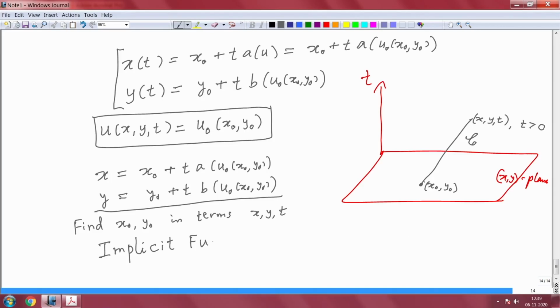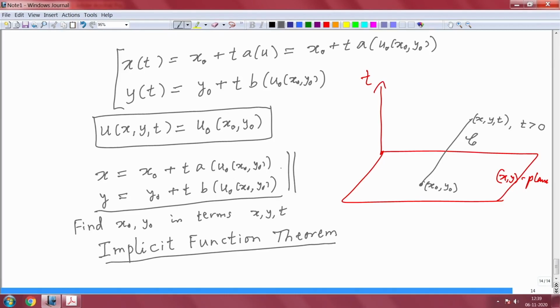So, we have to apply the implicit function theorem in order to find out whether x 0 y 0 from these two equations are expressible in terms of x y t.